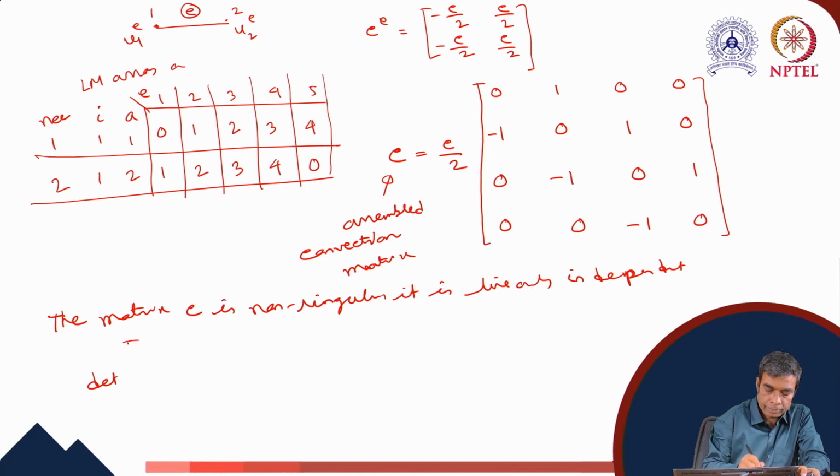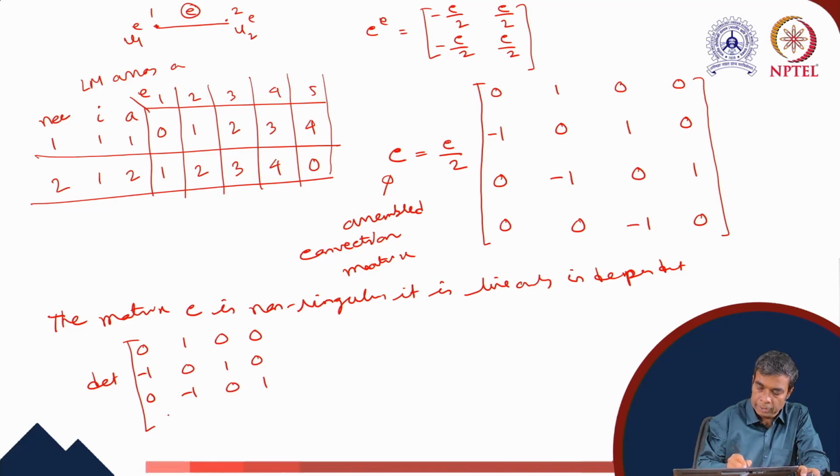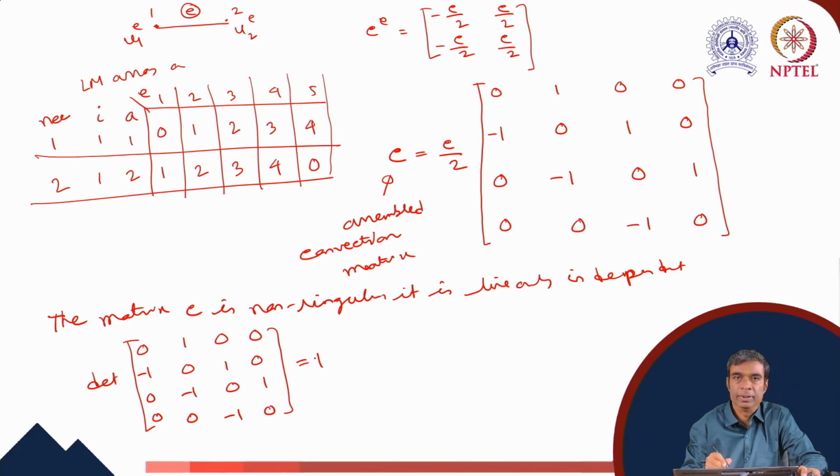Determinant of this matrix 0, 1, 0, 0, minus 1, 0, 1, 0, 0, minus 1, 0, 1, 0, 0, minus 1, 0. This is found to be 1. Because of that, this matrix is linearly independent and we can solve the problem despite having zeros along the diagonal.